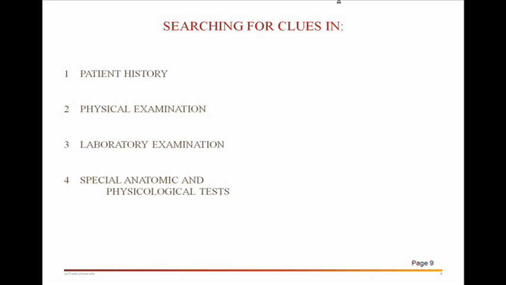Are they indicating anything, such as uric acid levels, which would be a clue with respect to the presence of something like gout? And the special anatomic, physiological or psychological tests can relate to the muscle testing, the questioning of a patient regarding their symptoms, and the quality of symptoms.